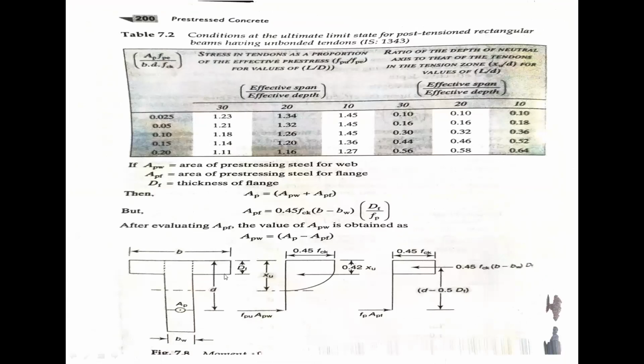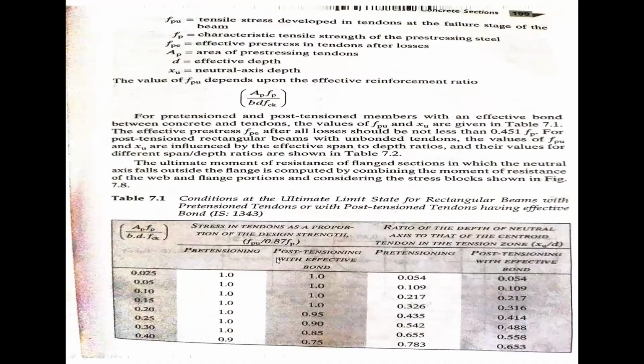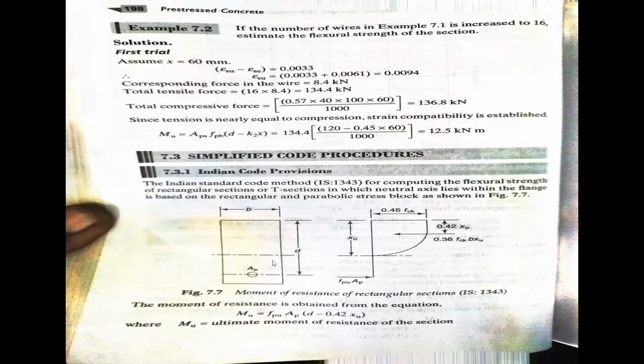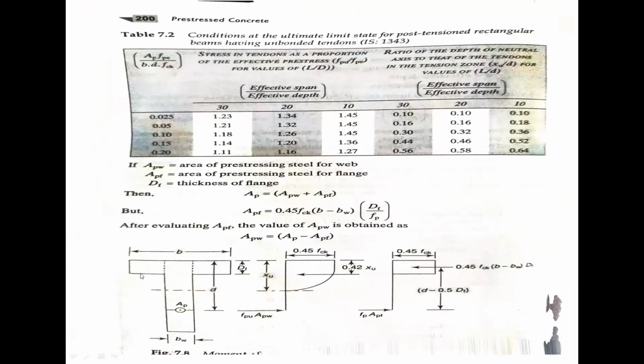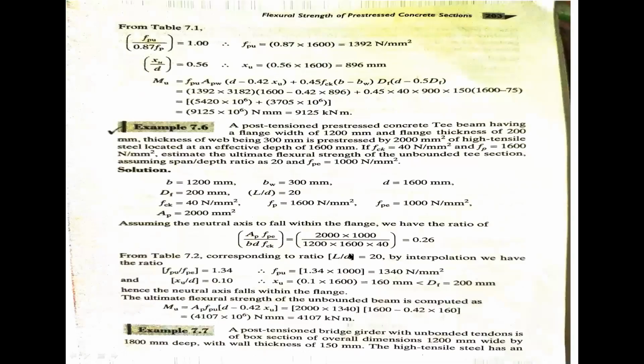This is the flange. Neutral axis means center distance. This is the neutral axis within the flange. Have to assume and proceed.